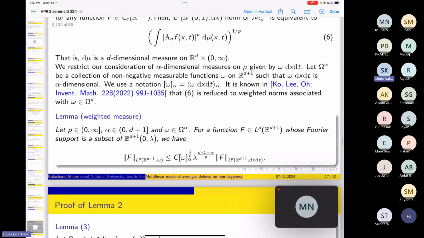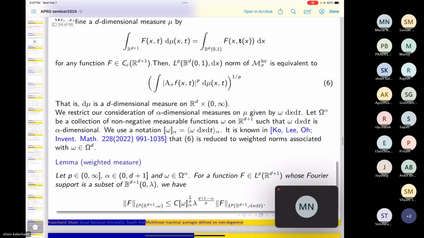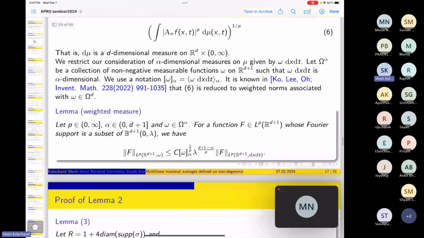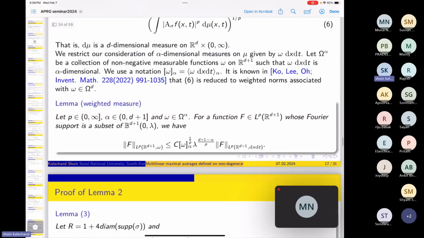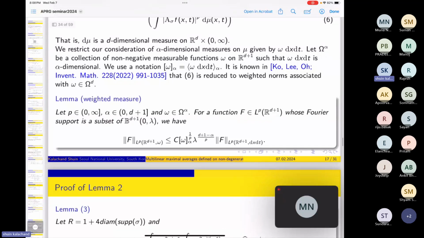It was proved that for any positive number p, alpha less than or equal to d plus 1, and omega belonging to this capital Omega alpha, which is the weighted measure as we defined here, then for a function f in L^p of R^(d+1) whose Fourier support is a subset of a (d+1)-dimensional ball of radius lambda, the weighted L^p norm is dominated by these constants and the L^p norm with respect to the Lebesgue measure dx dt.